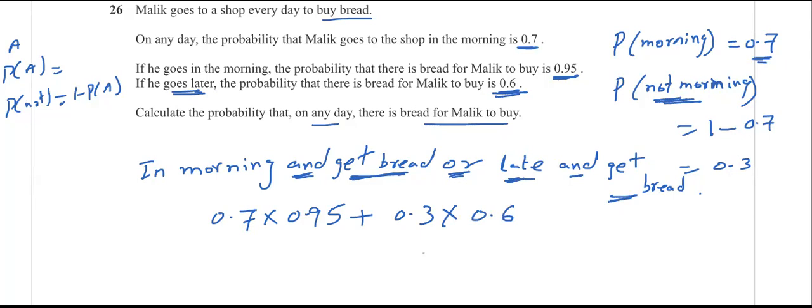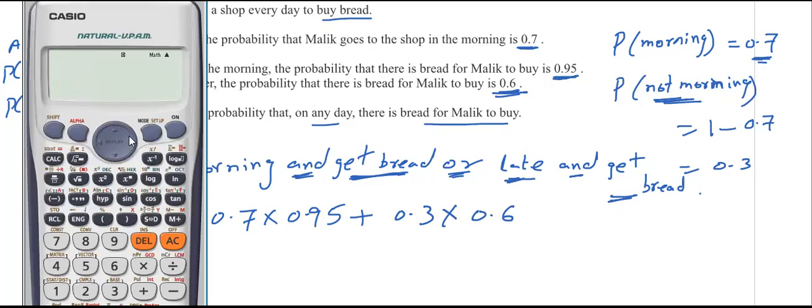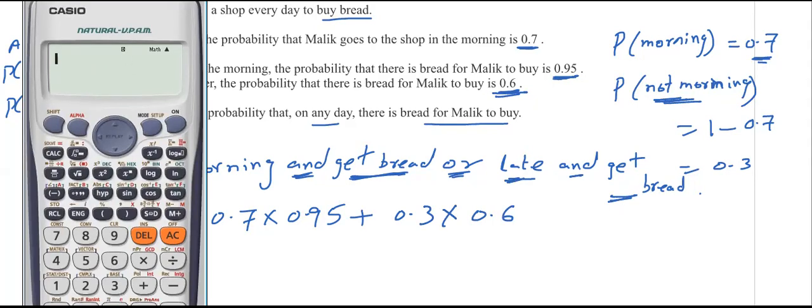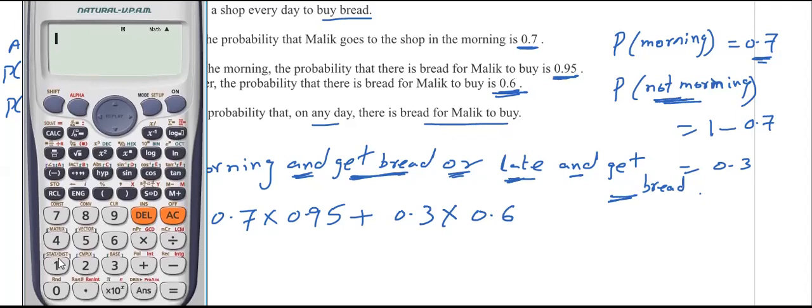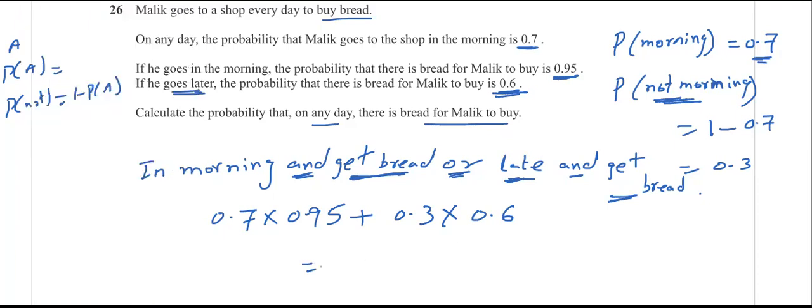So just calculate this one now. 0.7 multiplied by 0.95 plus 0.3 multiplied by 0.6. So it will be 0.845.